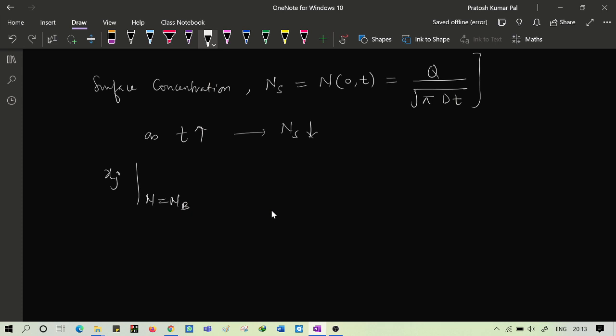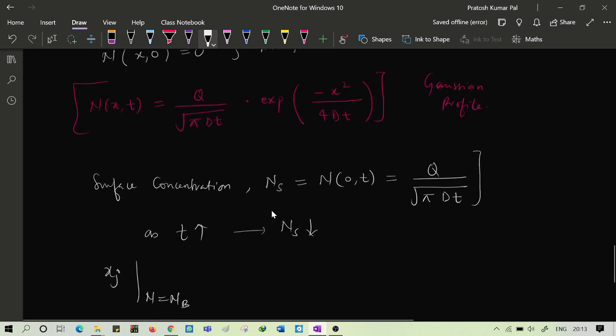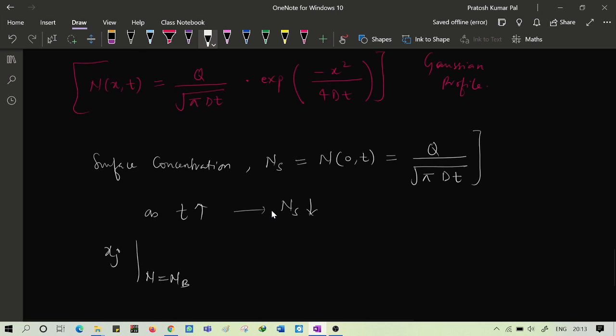So we will find again how the junction depth can be calculated. In that, the Gaussian profile formula is there. To find Xj, we put the concentration as NB. Here Q divided by this value is coming out to be Ns.